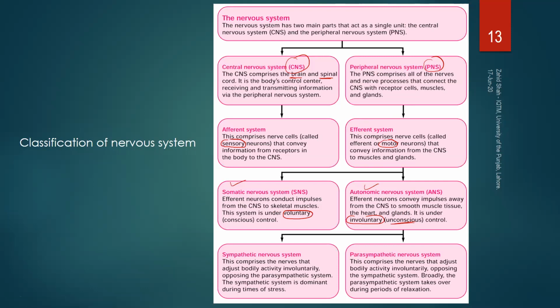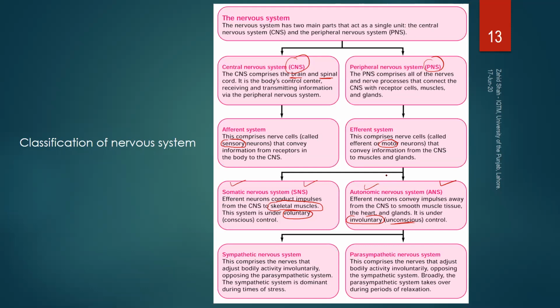Both of these are part of the peripheral nervous system, and both have motor neurons. But the somatic nervous system has motor neurons that conduct impulses from the CNS to skeletal muscles. So this nervous system is coordinating with your skeletal muscles. So it is under conscious control.